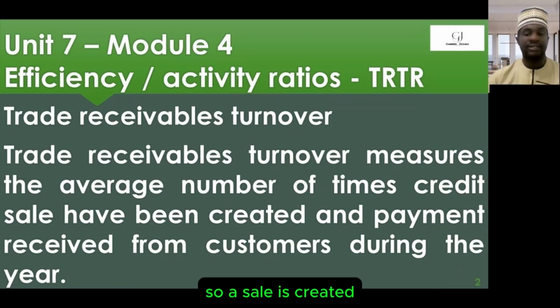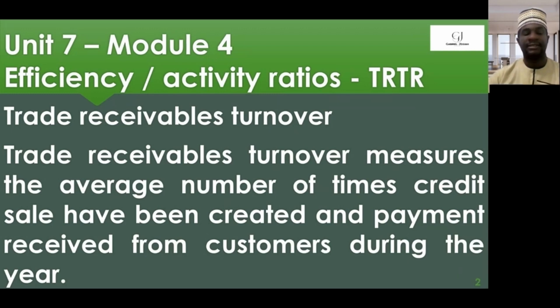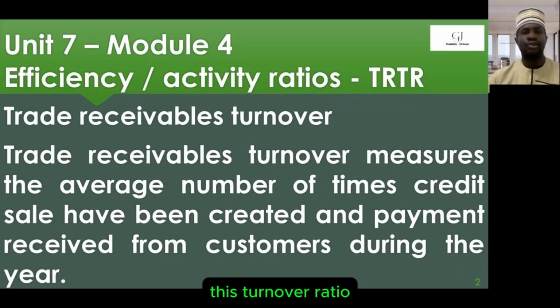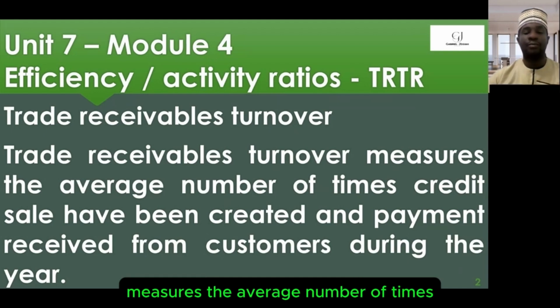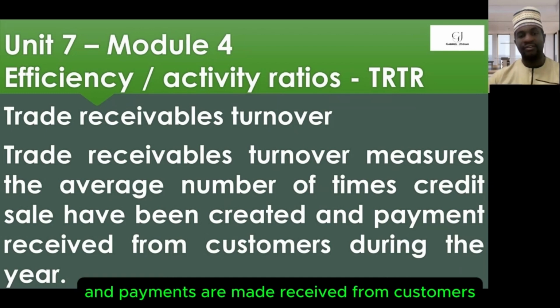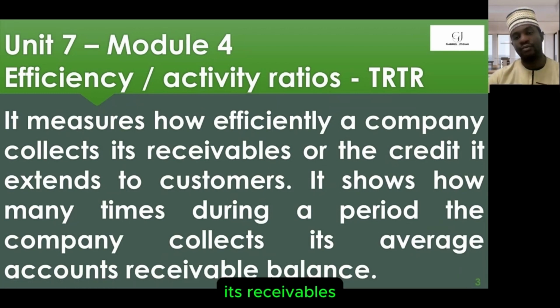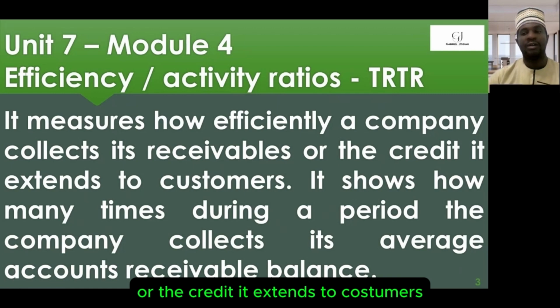So a sale is created and payment is supposed to be received at a later date during the year. This turnover ratio measures the average number of times that such sales are created and payments are received from customers. It measures how efficiently a company collects its receivables, or the credit it extends to customers.